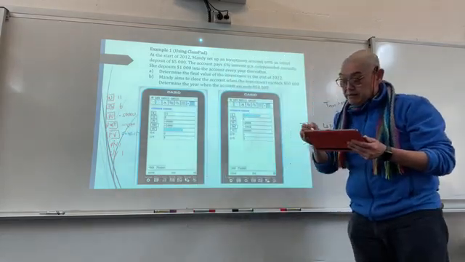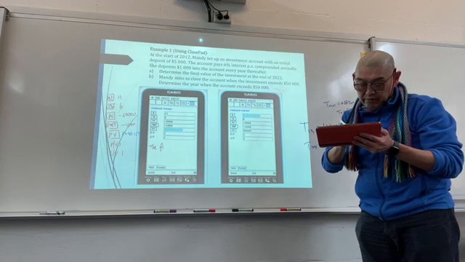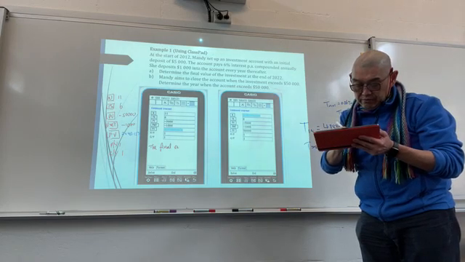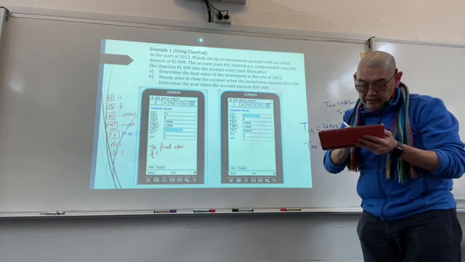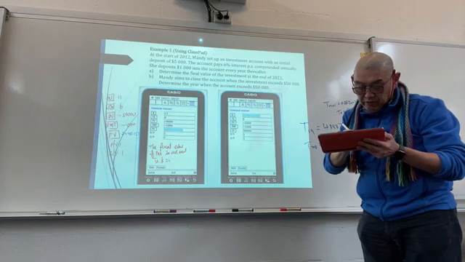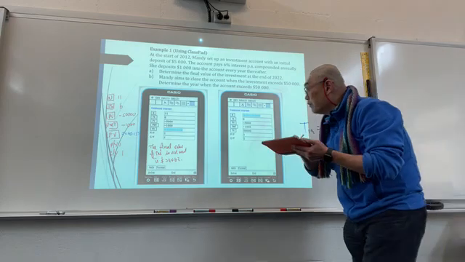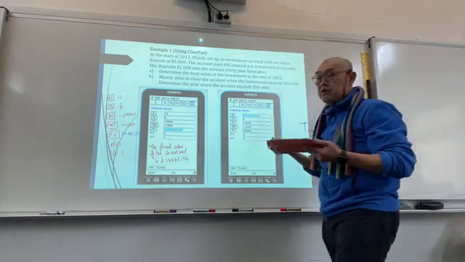And then word it: the final value of the investment is 24463.14. That's all you need to say.